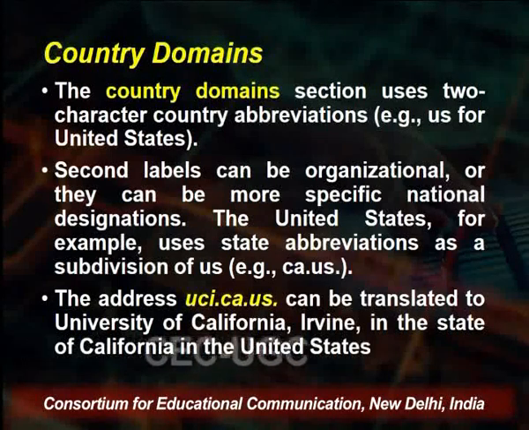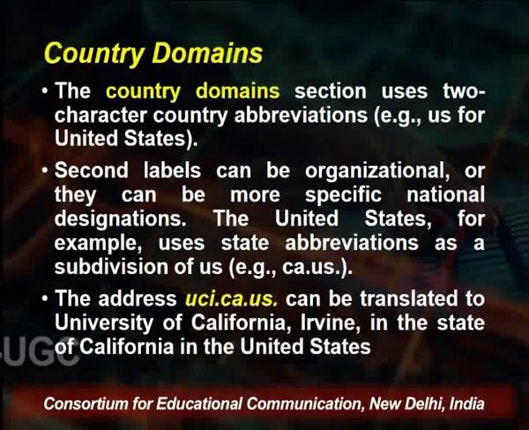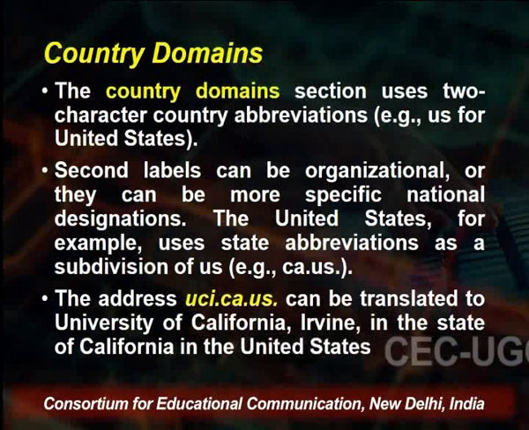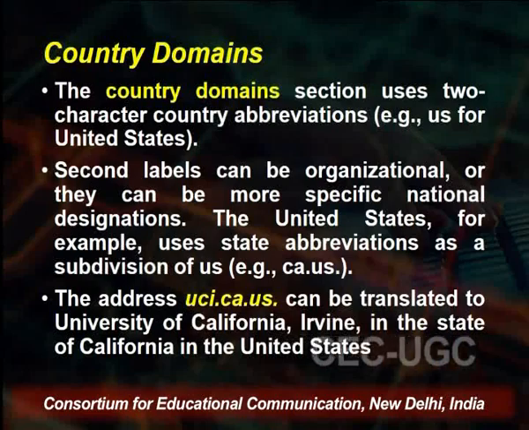If you translate this, it means that we are talking about a particular university in the state of California in the United States. Although in India, you will write like du.ac.in. So, here we are qualifying how? IN is India, AC is the behavior or the nature of the organization, and DU of course is the name.